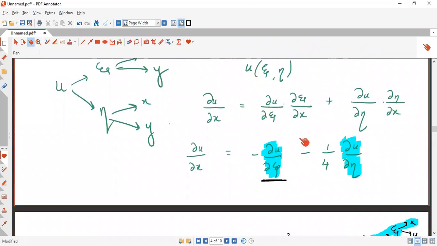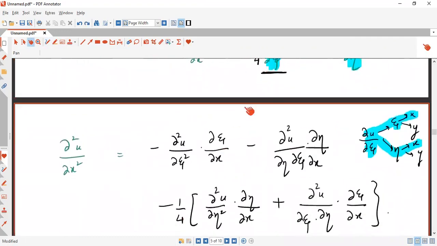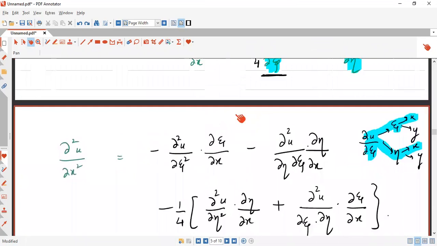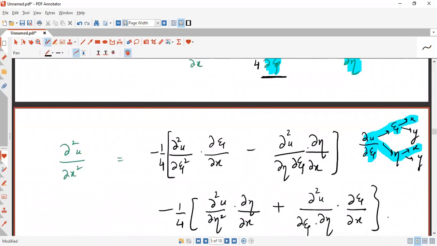Okay, I think I changed the values here. It was del xi by del x is minus 1 upon 4 and del eta by del x is minus 1. Okay, so here again you have to do that. Minus 1 upon 4 of this. This will become minus 1.